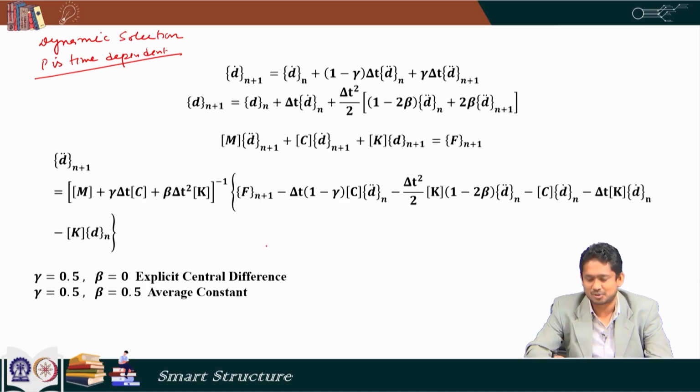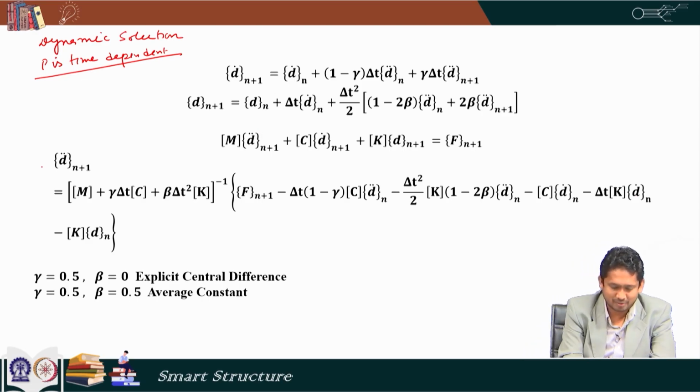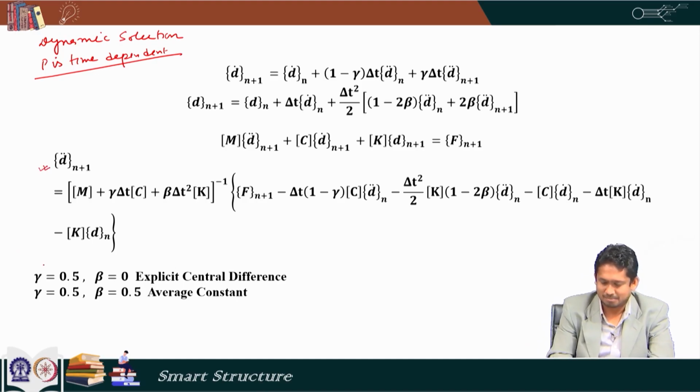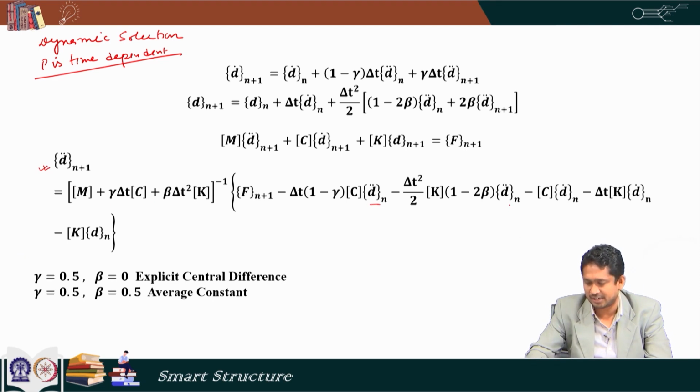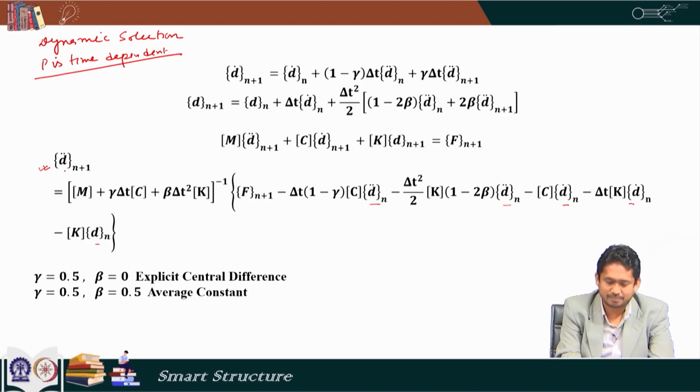So, at the n plus 1th time step we know d double dot at the time step n, we know d dot at time step n, and we know d at time step n. So, based on those known quantities we find out our d double dot at n plus 1, because in this expression all the quantities like d double dot and d are from the previous time step. So, we can find this out.